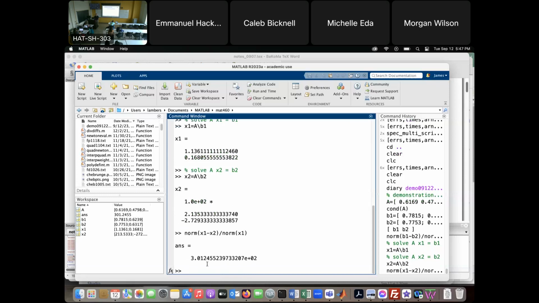So a 1% error got amplified about 30,000 times. And I said the condition number was around 34,000. So theoretically, a change in b could be amplified by that much. And in this case, that's exactly what happened.